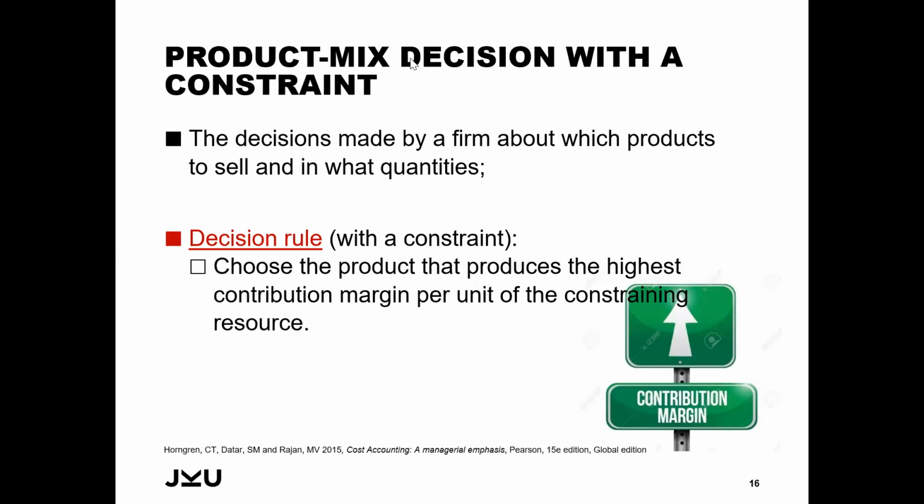And also here, based on that constraint, we have a decision rule to choose the product that produces the highest contribution margin per unit of the constraining resource, which means not just to choose that product, but it's a matter of a sequence. Which one do we produce the most of, or which ones do we produce first, and which ones last?